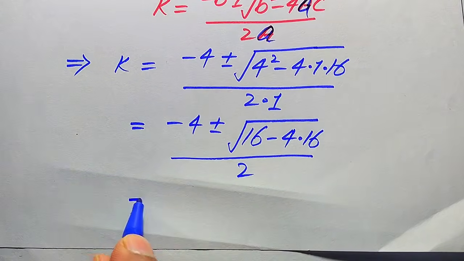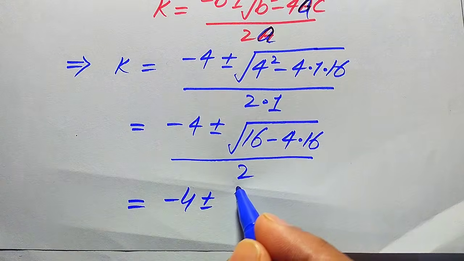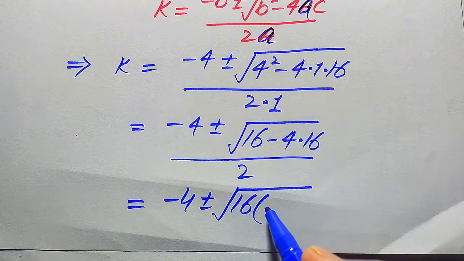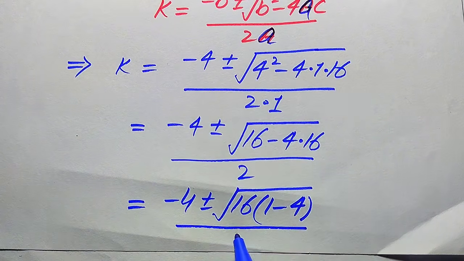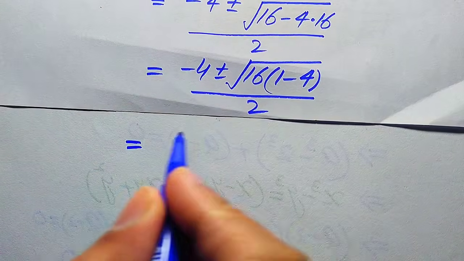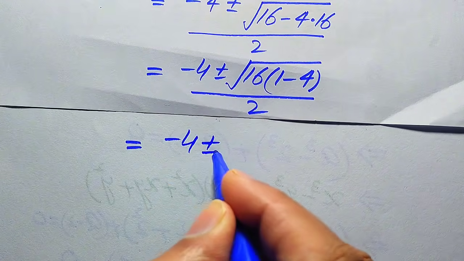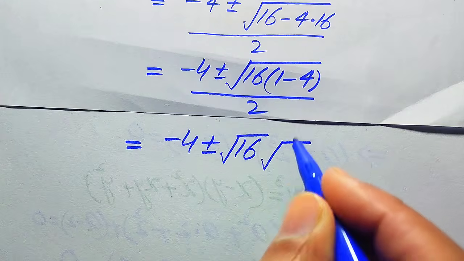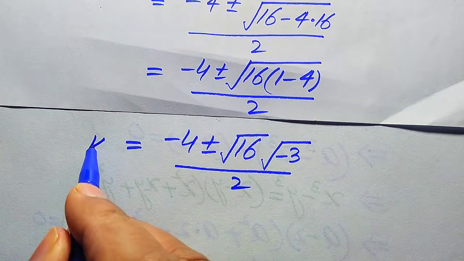Now in the next step you see that inside the square root sign we have 16 as a common term, so we take 16 common from here, and after that the remaining values are 1 minus 4, divided by 2. Further in the next step we apply the square root separately on both of these values, and it will be written as minus 4 plus minus the square root of 16 times the square root of 1 minus 4, which becomes minus 3, divided by 2.